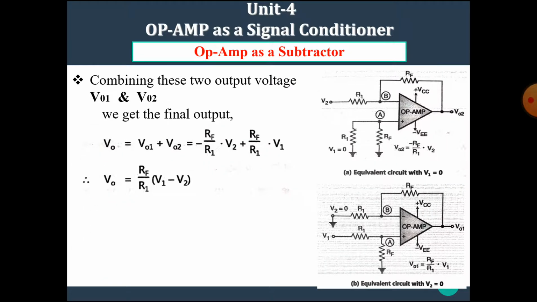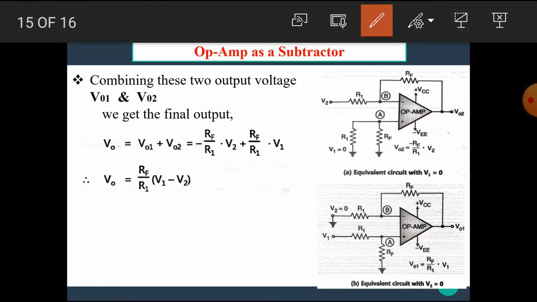Now combining these two output voltages V01 and V02, V01 has the output voltage RF upon R1 into V1 and V02 has the output voltage minus RF upon R1 into V2. Then add these two voltages V01 plus V02.